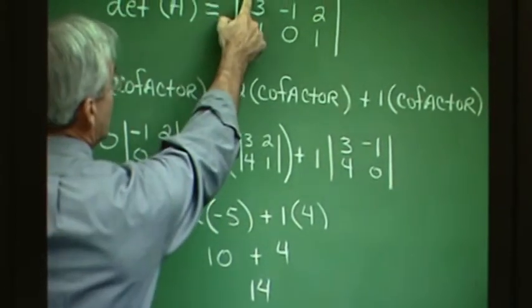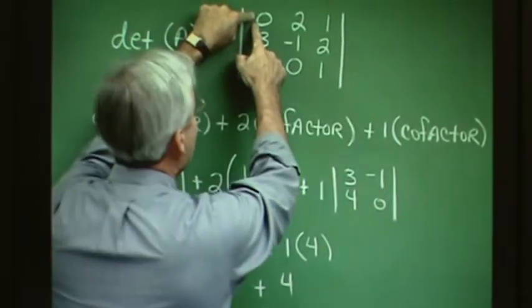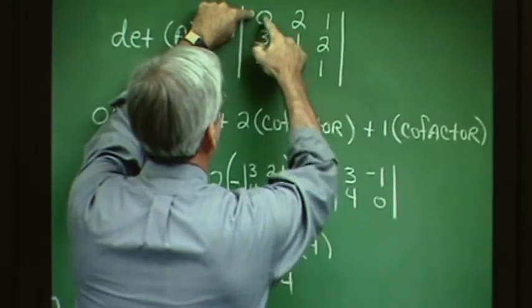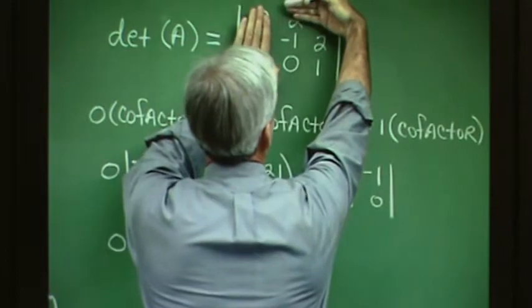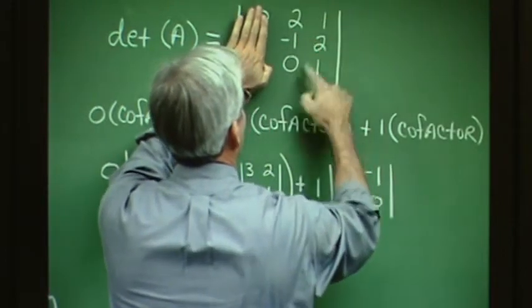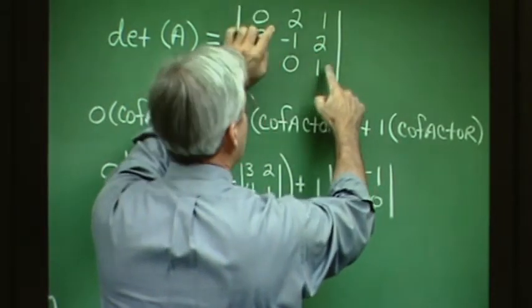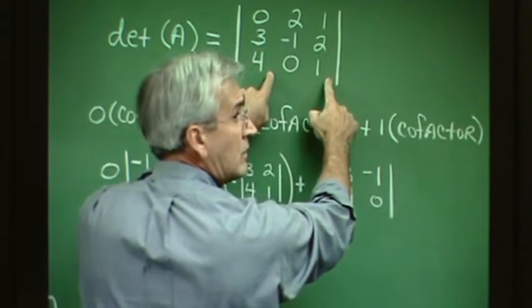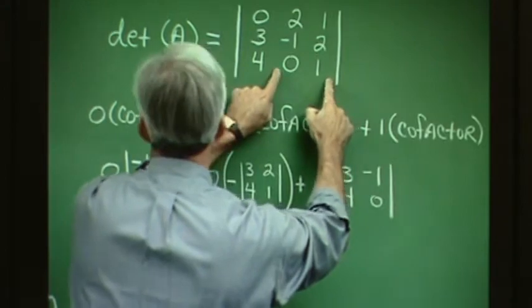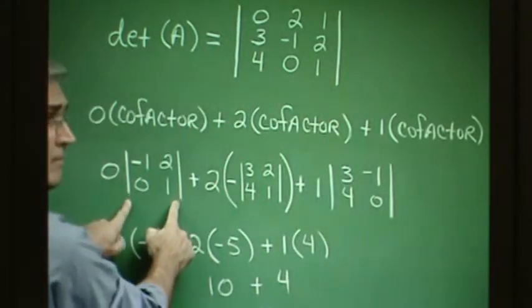Look at the entry 0. Now, imagine taking out the row and column involved with 0. Just take it out and imagine those not being there. What's left? Well, -1, 0, 2, 1. You see, and it's the determinant of that little 2 by 2 matrix that turns out to be its cofactor.